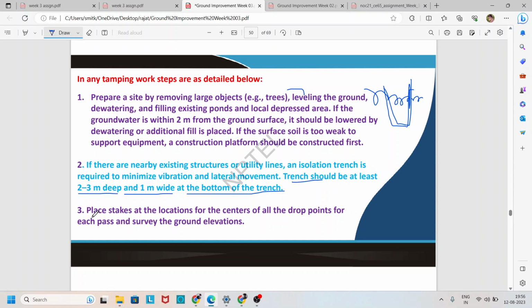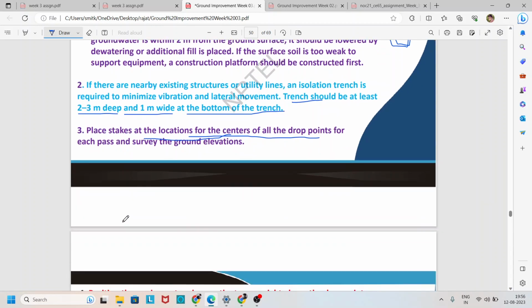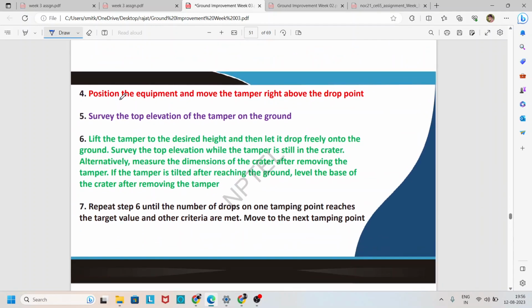And we also address each pass. After the pass, the location of the drop point should be maintained. That means the drop point should be at the center of the area of improvement. So it should be addressed. Then position the equipment and move the temper right above the drop point.